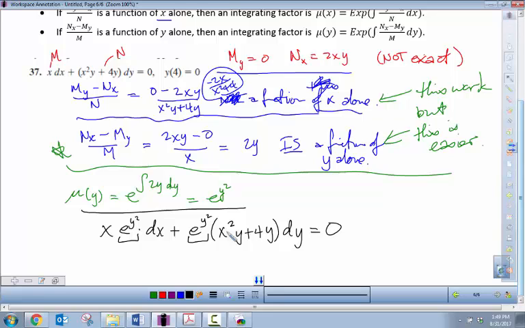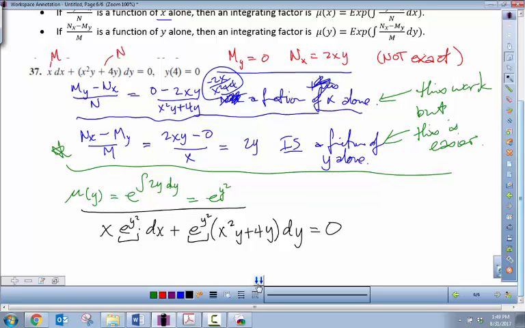I don't know how that's going to work. Does it look exact? Well, let's try it and see.